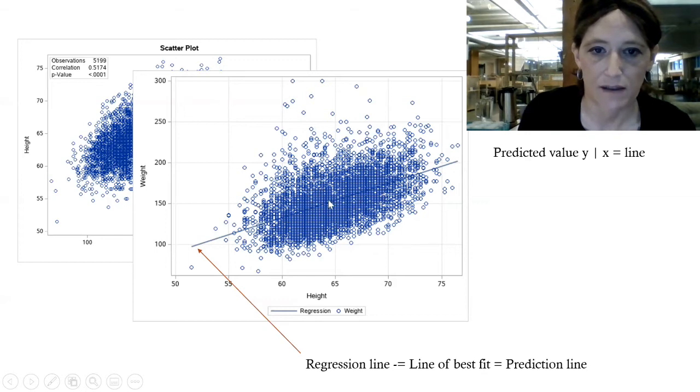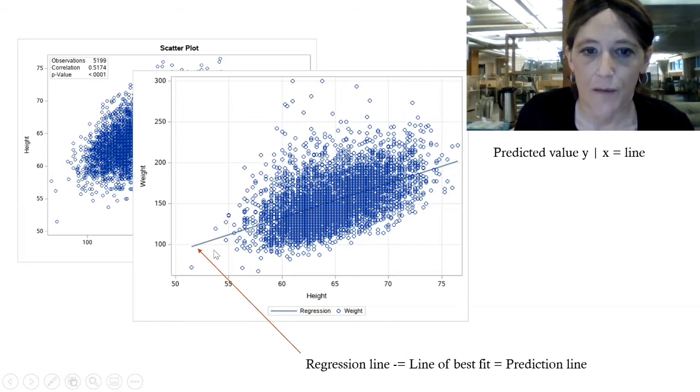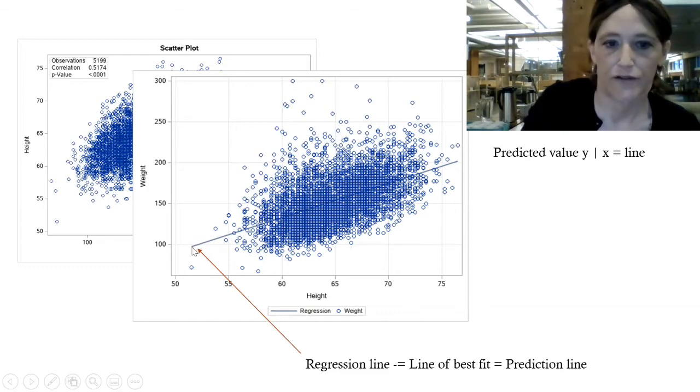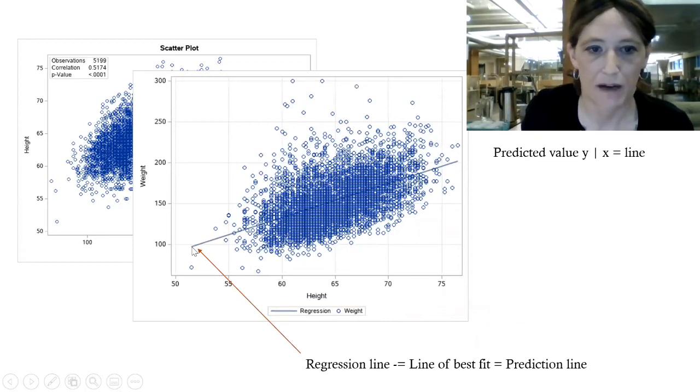And what it does is it minimizes the difference between all possible lines and these points. So we would call this the line of best fit, or in this case, the least squares difference from the line. So the person who was the shortest in the data set had a predicted value of 96 pounds.